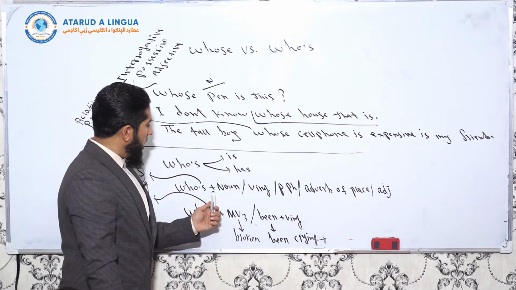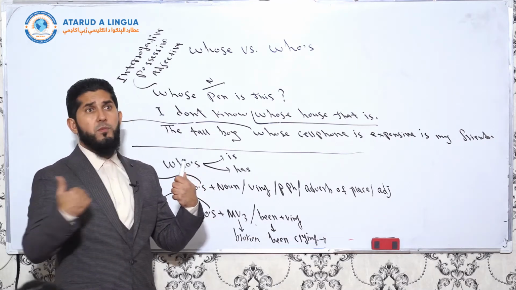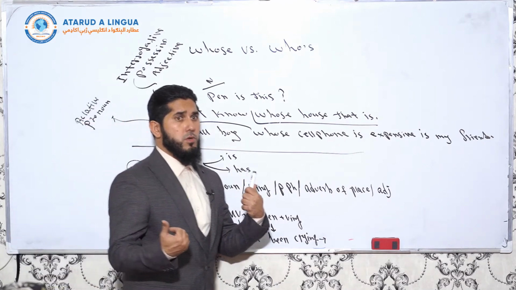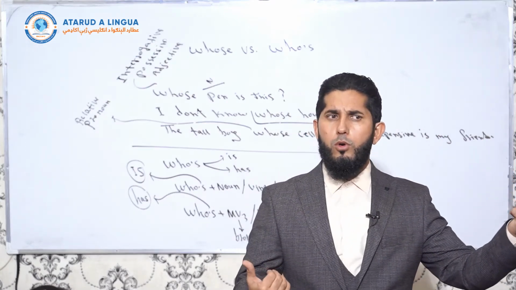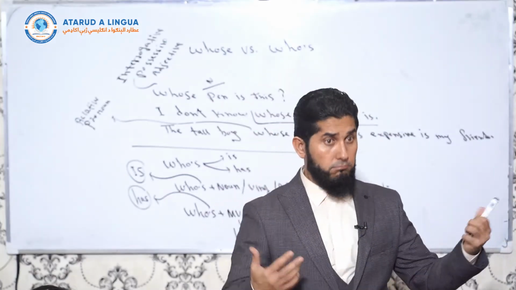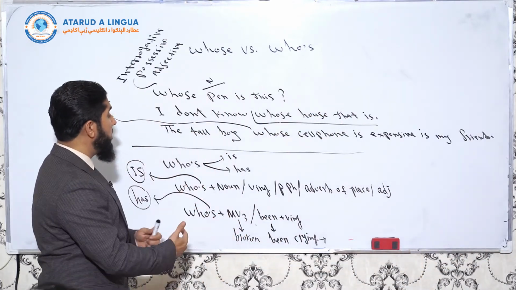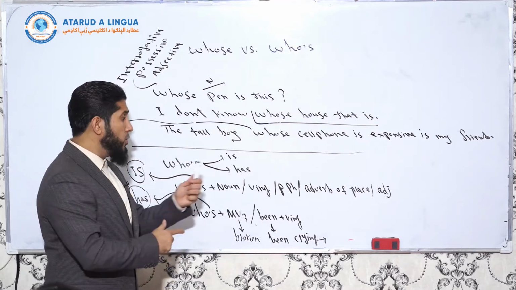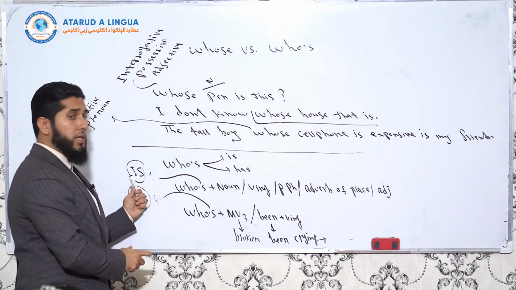If it's followed by verb-ing, again, who's coming late to class? Who's crying outside? Who's talking to you at the moment? So if it is followed by verb-ing, you should know that this is the contracted form for is.